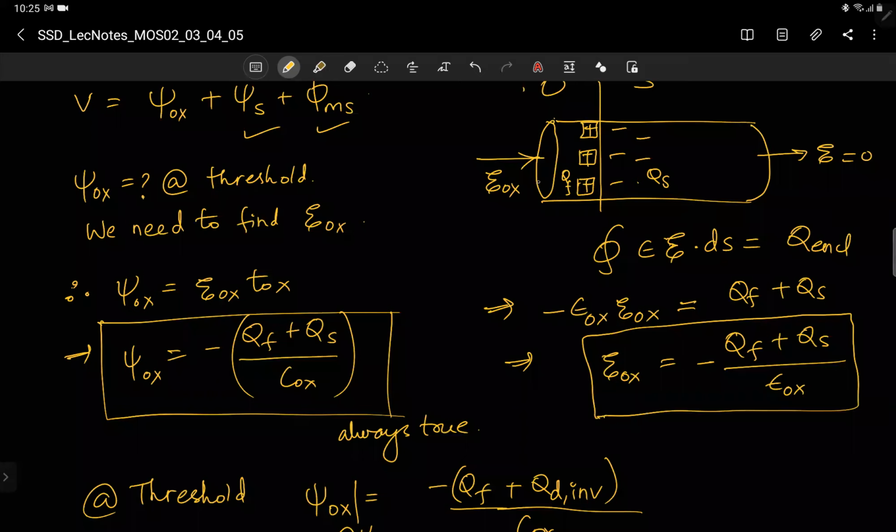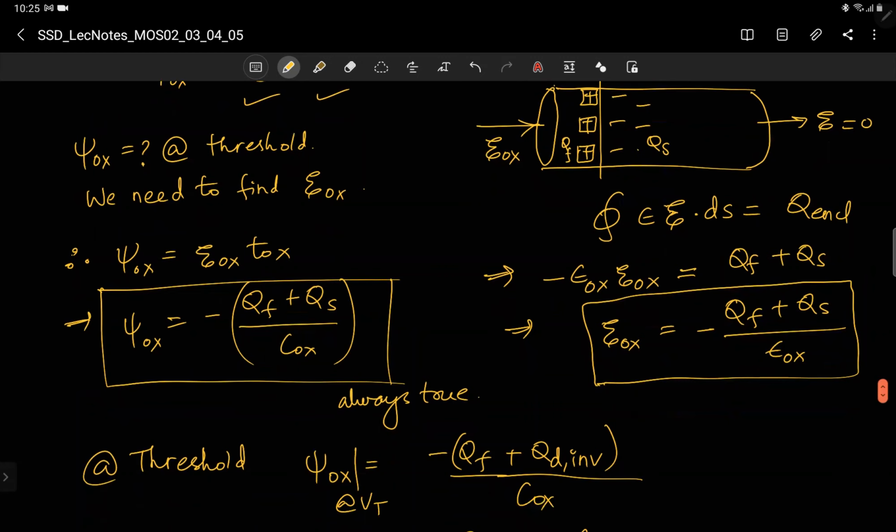Minus epsilon ox Eox equals the charge enclosed, which is QF and then QS. The sign of QS will be negative, but the symbol for charge inside the semiconductor is QS. If it is negative, then QS will be negative. QF is always positive, we know that. So now we have obtained the electric field inside the oxide as QF plus QS by epsilon ox.